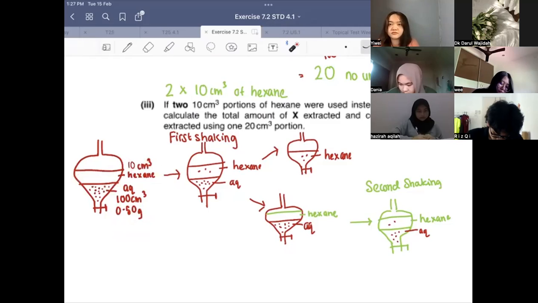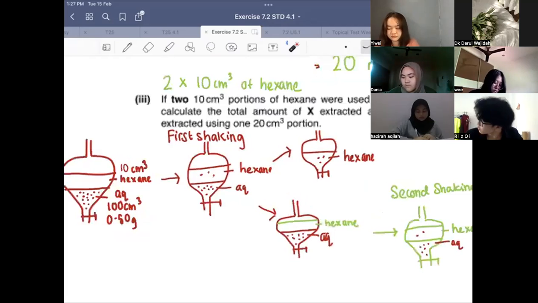So after shaking, I should have some of my solute X moving to my hexane layer, but I don't know how much. Okay, so that is the question. How many grams of X in aqueous and how many grams of X in hexane? I don't know. And then I separate them.